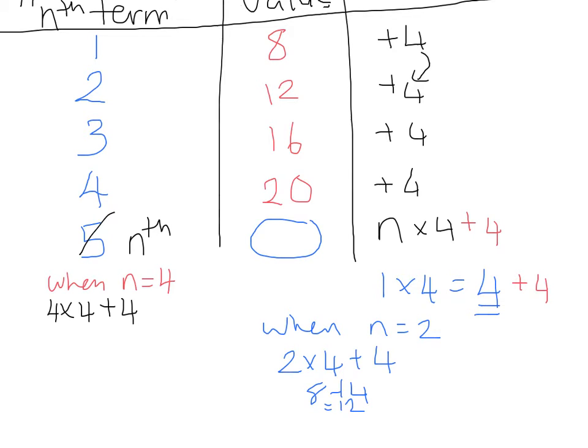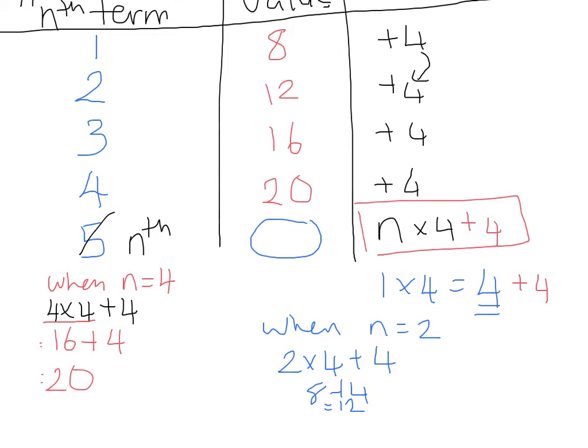So 4 times 4 is 16 plus 4. And again, I followed BEDMAS. I did my multiplication first before I did my addition. So now 16 plus 4 equals 20. So there we go. I know my expression works. So this would be my expression to solve for my nth term.